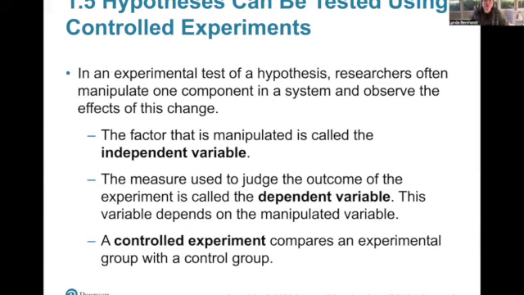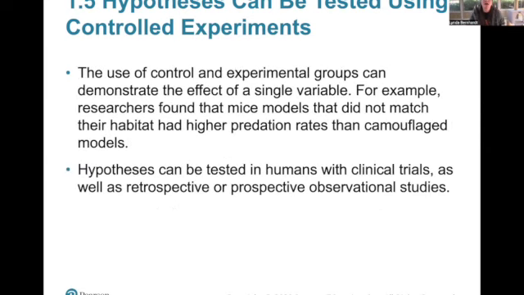Controlled experiment means that for this group, you know exactly what the results are supposed to be. The textbook gives you this example of these mice. I'm going to cover that, but then I'm going to tell you a much more fun one. Here they're telling you, for the example, these researchers used these mice models that did not match their habitat and had a higher predation rate.